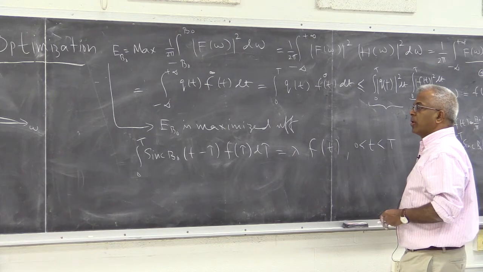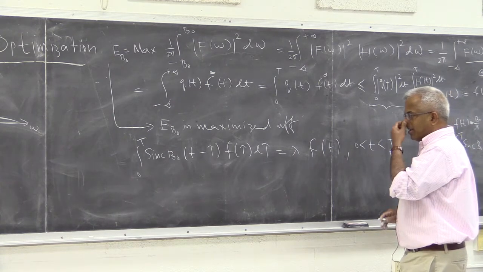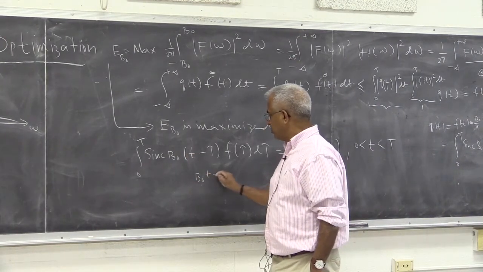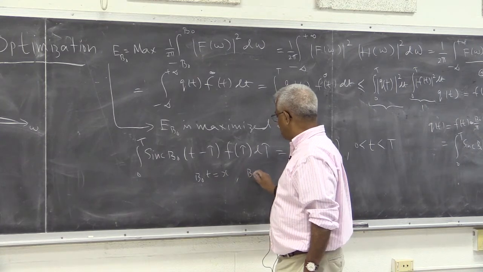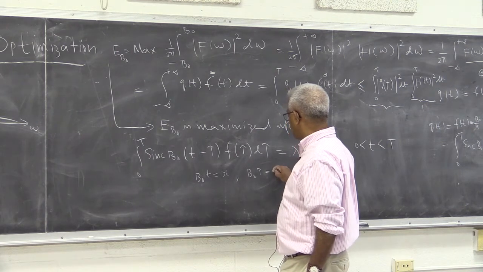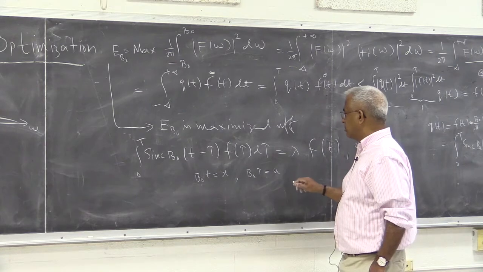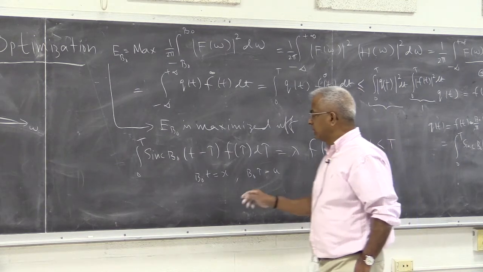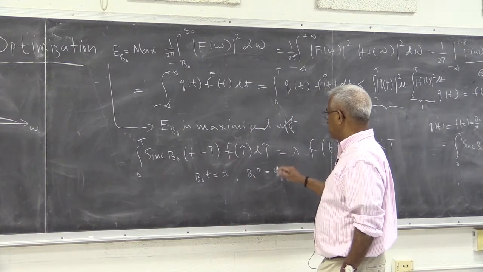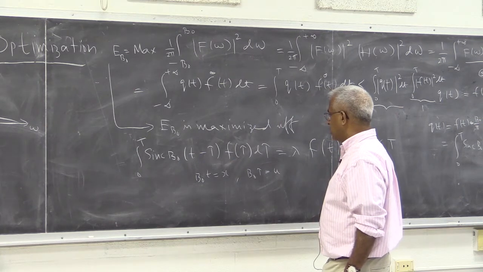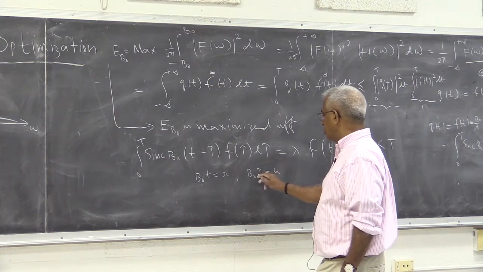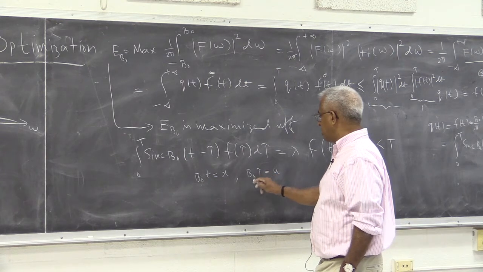So this is a classic prolate spheroidal function. You can do a little better here, because if you redefine new variables b naught t equal to x and b naught tau equal to, let's say, u, and so you get this expression comes out to be, notice that when tau is 0, u is 0, when tau is t, u goes to b naught t.